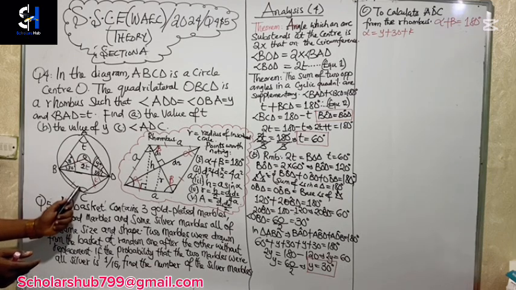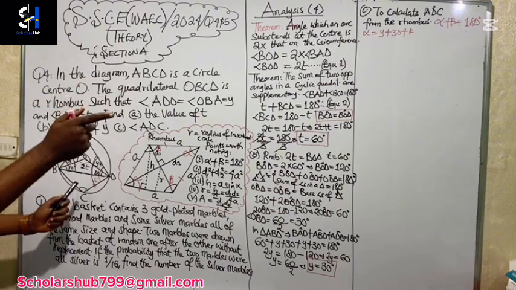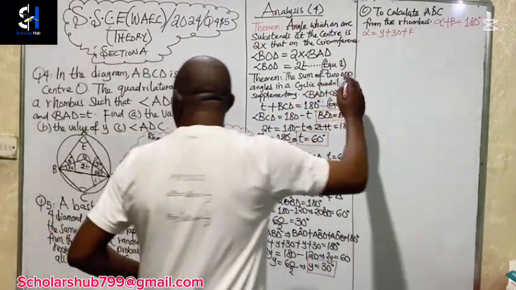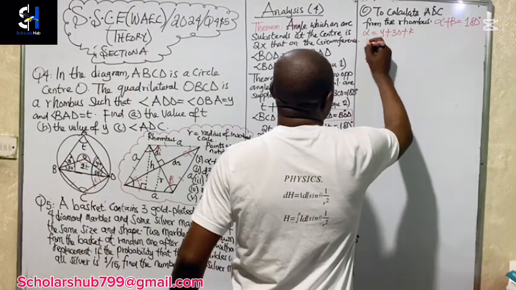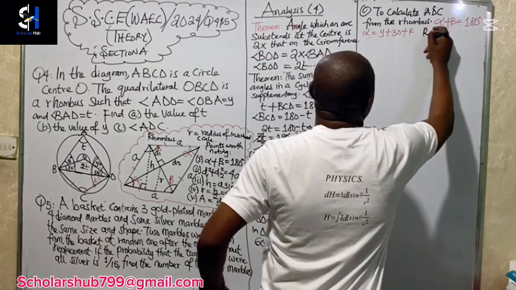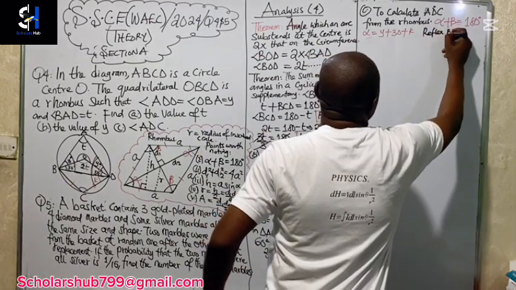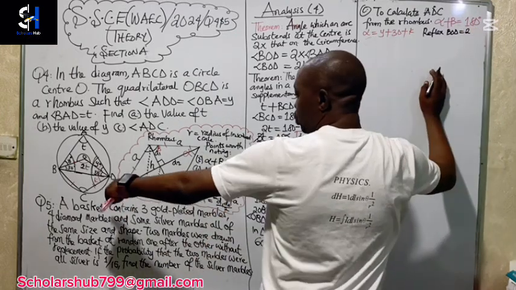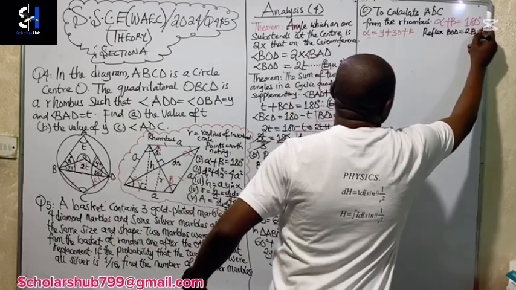Am I right? Angle at the center is twice the angle on the circumference. So we can say that reflex BOD, which is the angle at the center, equals 2 multiplied by BCD.